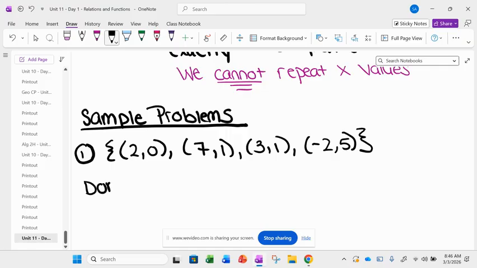And now, based on that relation, I want us to identify the domain of this relation. So again, it's just the X values. So we're going to have 2, 7, 3, negative 2. The order does not matter the way you list them.